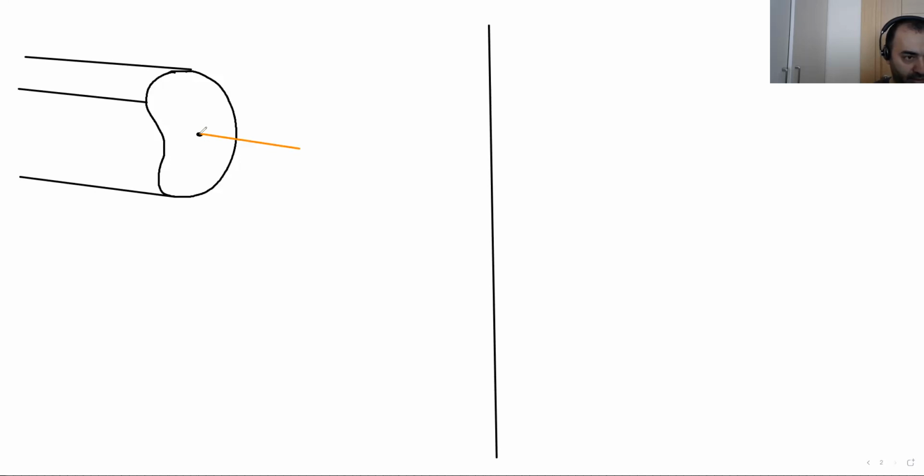And there will be a vertical component, which is Y. So this one is X, the vertical one is Y, and this is the Z axis.